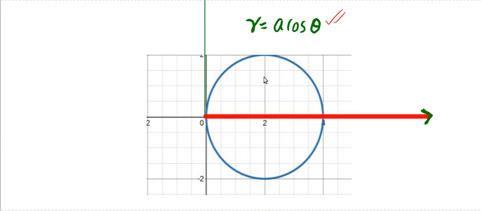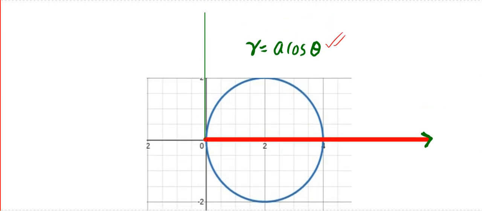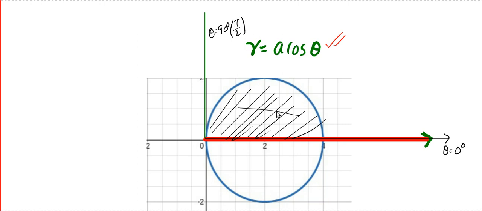So if they ask find the area of this circle, you should remember this is 0 degree. This is our initial line. So this is theta equal to 0 degree and this is theta equal to 90 degree or pi by 2. So when you move from 0 to pi by 2, you cover half the circle. And remember, the diameter of the circle is a units.